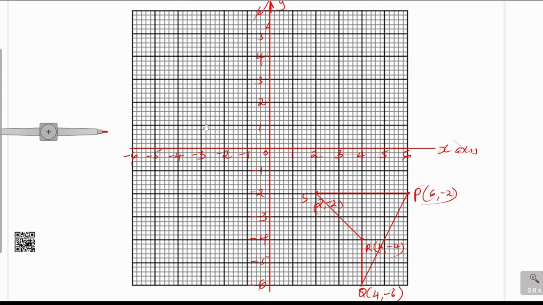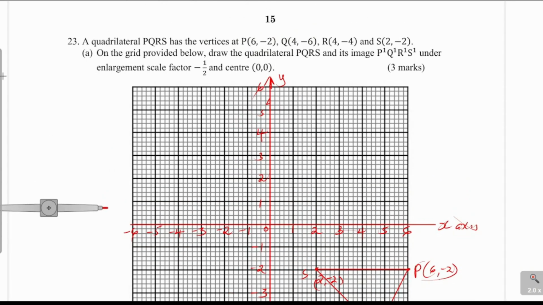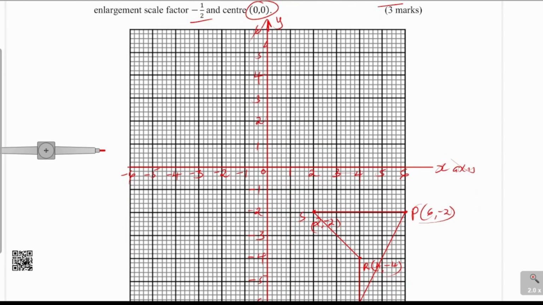So for the first question, we are supposed to give the image P1, Q1, R1, S1 under the enlargement scale factor -1/2 about the origin. So the center is the origin, and the scale factor is -1/2. Because the center is the origin, we're going to draw straight lines from each of those points.